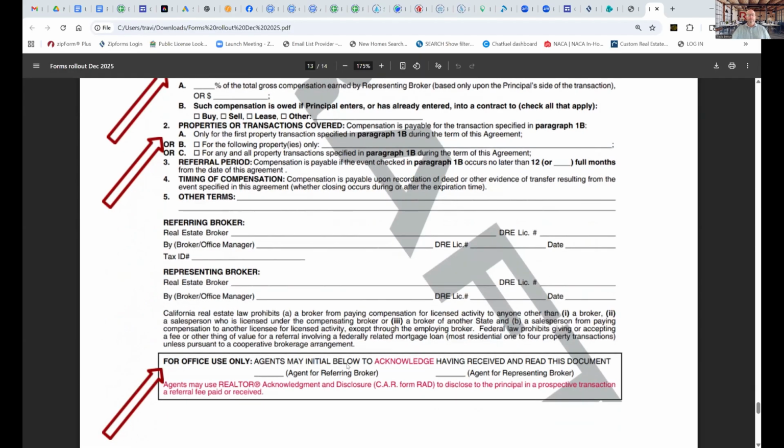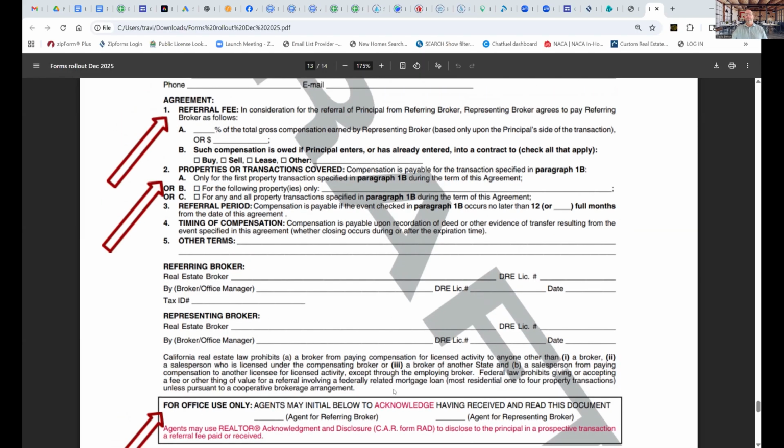Down here at the bottom, it says agents may use realtor acknowledgement and disclosure form RAD to disclose to the principal in a prospective transaction a referral fee paid or received. So you would add in the RAD form on this one potentially.